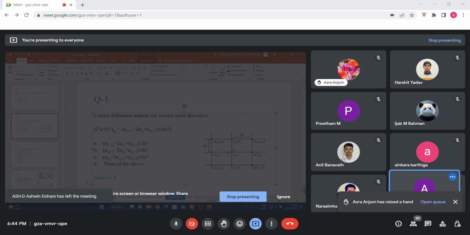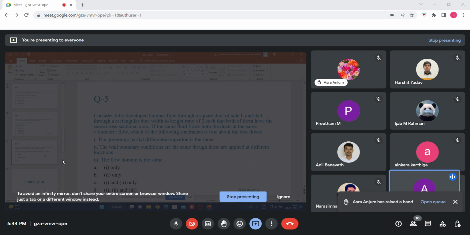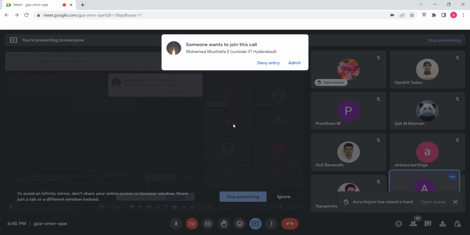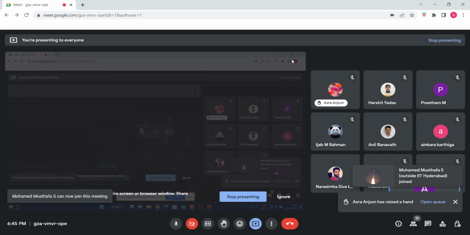In most cases it will be equally divided, but in some cases, if it is not efficient, the discretizing will be different. So the same FD approximation need not be applied at all points inside the domain. So both of these statements are not true in this context. Okay, madam. Thank you.